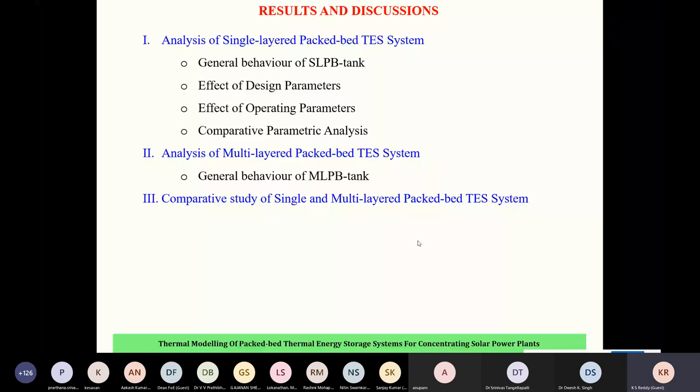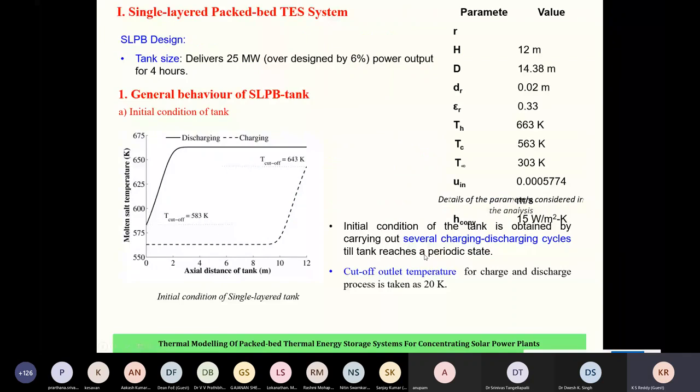This single-layered packed bed thermocline tank, we have done general behavior with the tank and other things. So we have taken various parameters of the tank and various void fractions and so on. This shows the general behavior of the single-layered packed bed thermal energy storage tank, with charging time and discharging, how it behaves in charging and discharging with the axial distance.